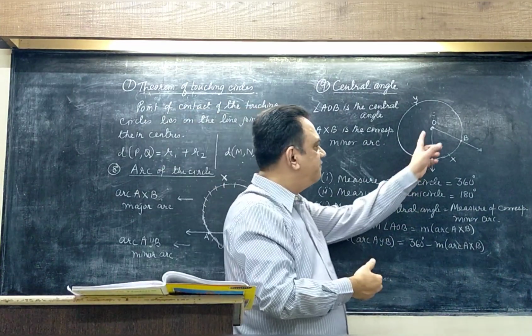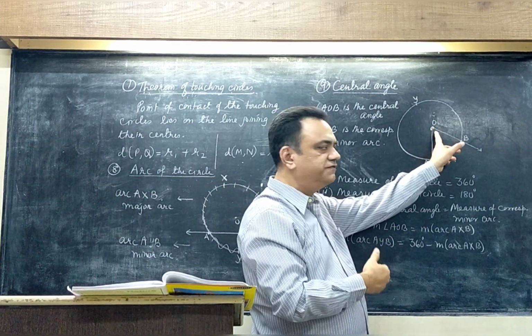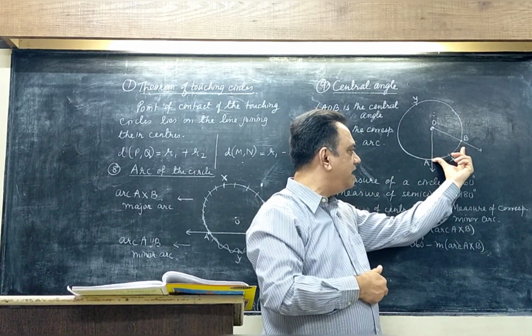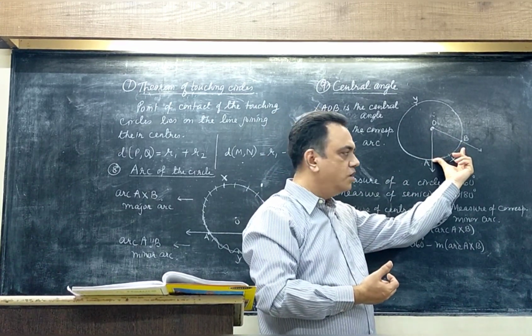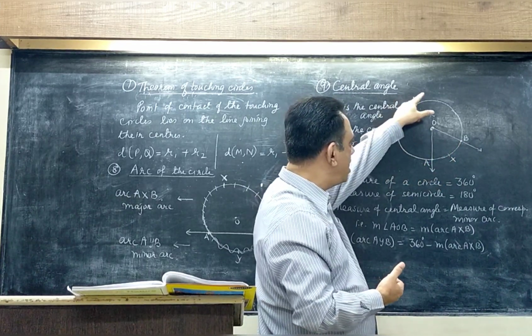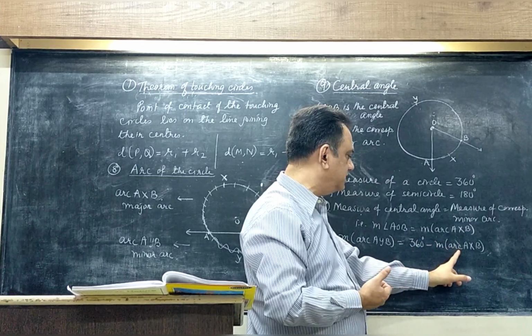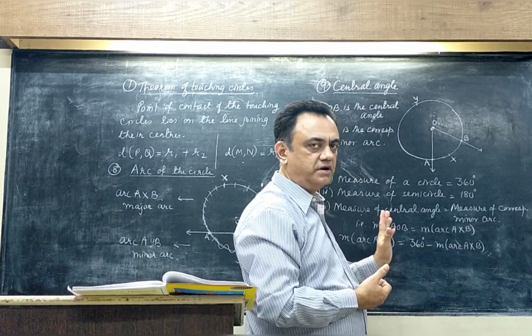So again, if angle AOB is 60 degrees, arc AXB is 60 degrees. What will be the measure of arc AYB? That is 360 minus 60, which comes to 300.